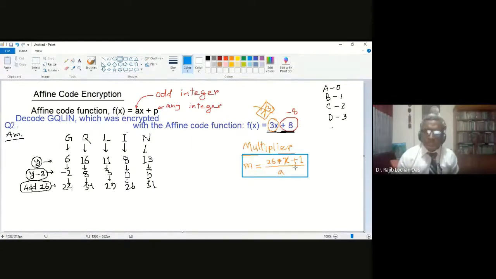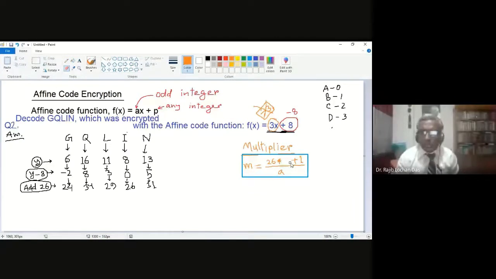But the formula is this: m equal to 26 into x plus 1 divided by a. So what is a? A is our number with the x. Oh no, not x. You should write n. Let me write n, otherwise there will be confusion again. So it should be n.